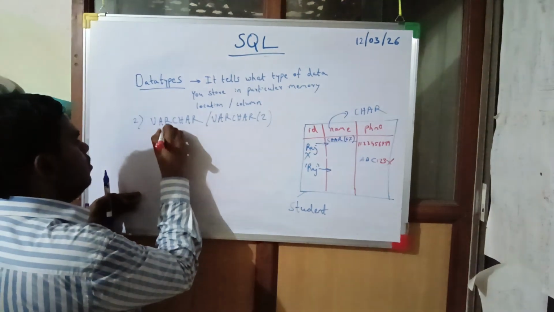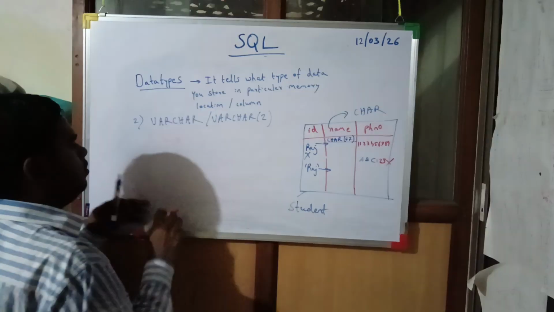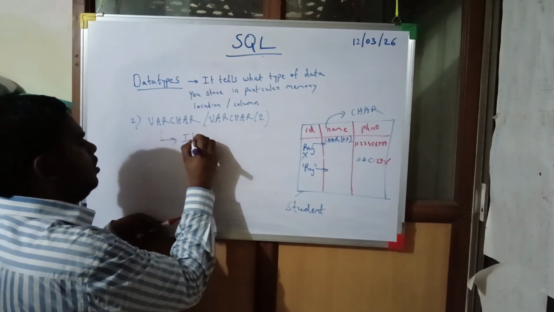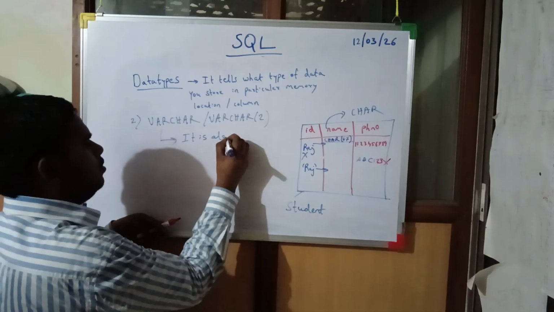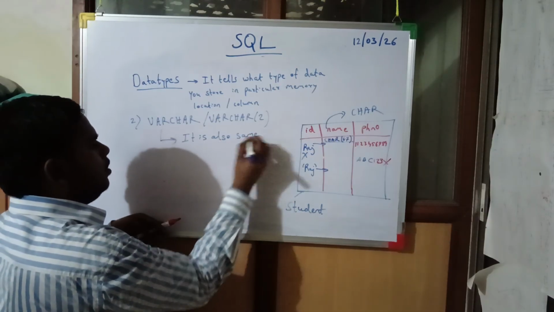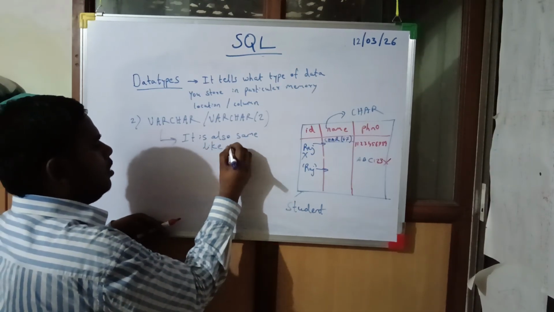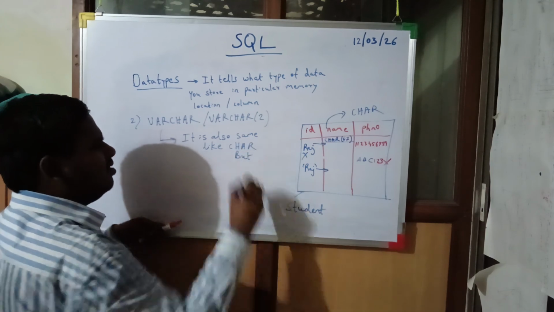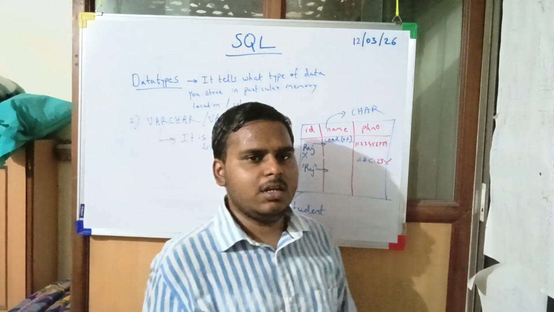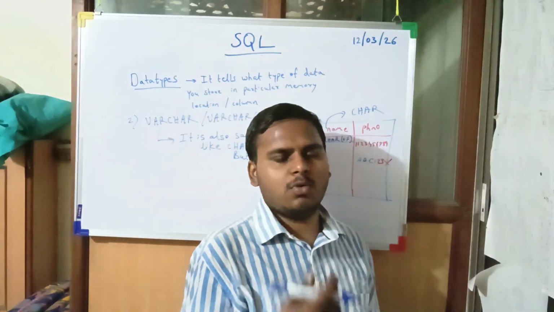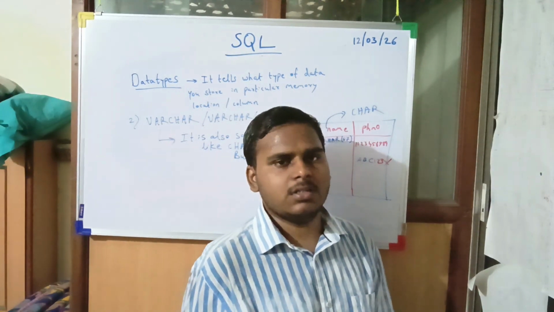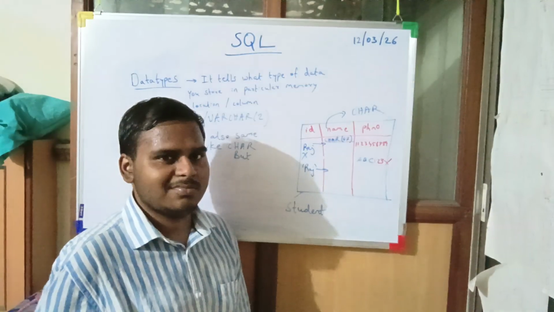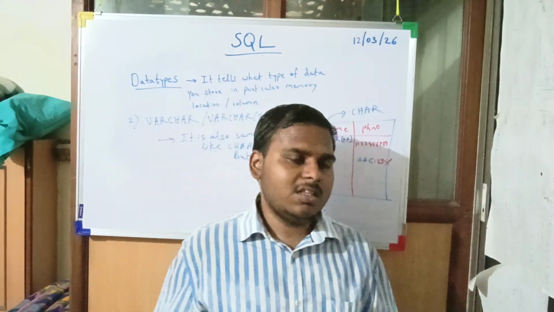So here, it is also the same as char. But sir, same as char means what? It can accept capital A to Z, small a to z, numbers, alphanumeric, special characters, all these are accepted.